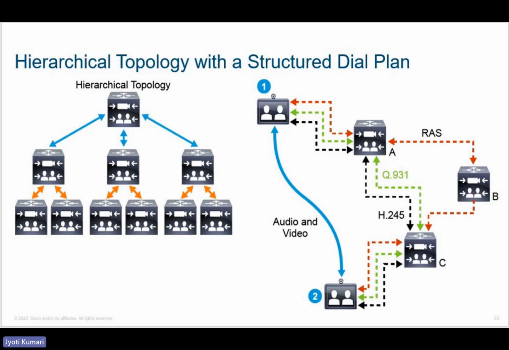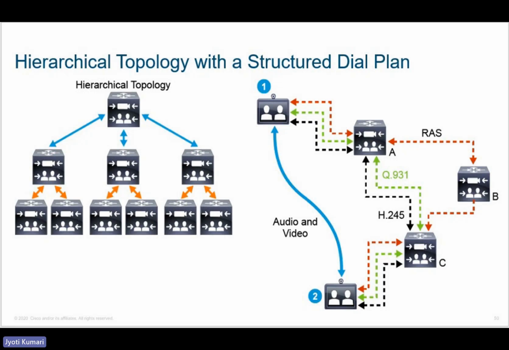For the hierarchical topology and structured dial plan to work, you need to understand the concept of optimal call routing and how it works. Optimal call routing is a setting which we configure on Expressway to ensure the shortest possible route for call signaling.